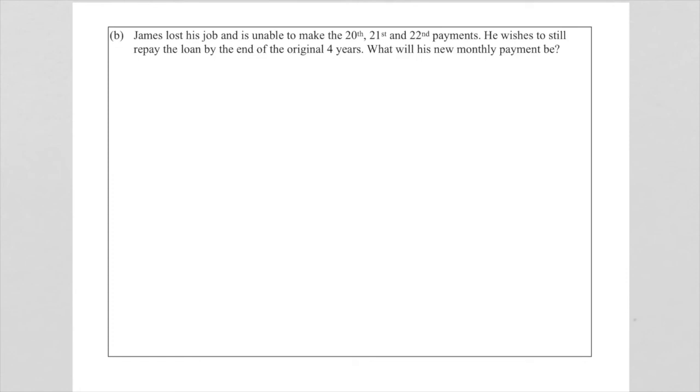Now in this part, they say that James lost his job and is unable to make the 20th, the 21st, and the 22nd payments. So payment number 20, payment number 21, payment number 22. So there are 3 payments that he's going to miss.